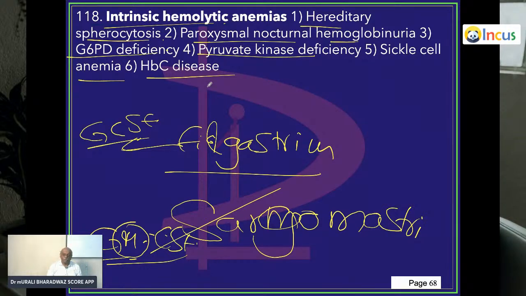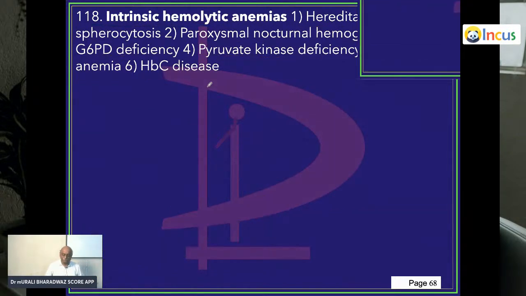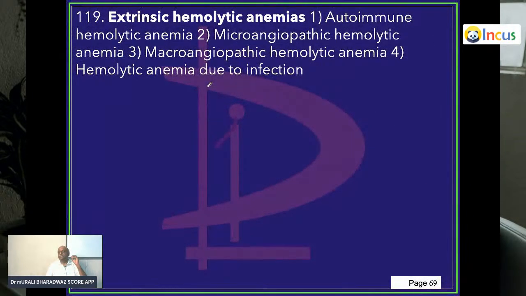Next time when I ask you, tell 6 causes of intrinsic hemolytic anemia, you have to tell: hereditary spherocytosis, PNH, G6PD deficiency, pyruvate kinase deficiency, sickle cell disease, HbC disease. No thinking in exam. Right? Now, 2-3 points about each of them.